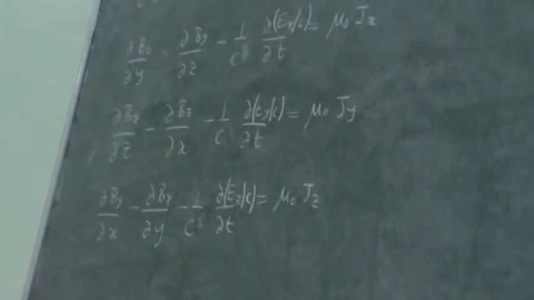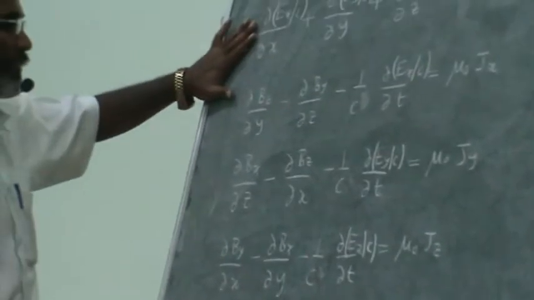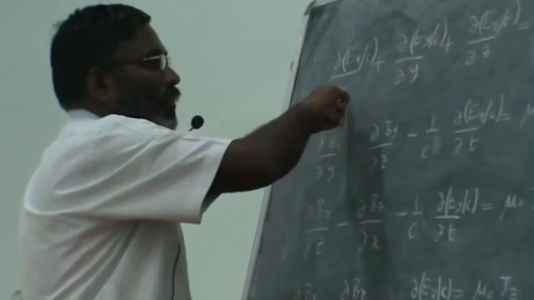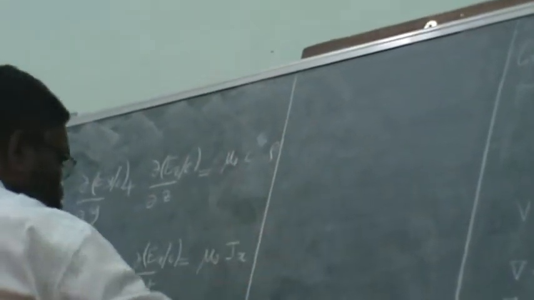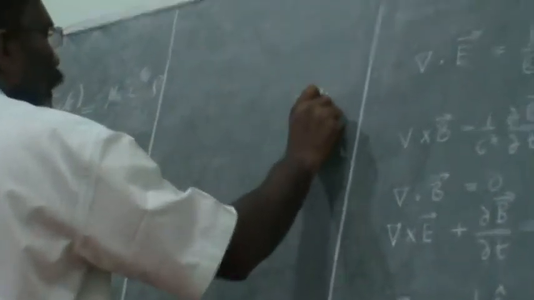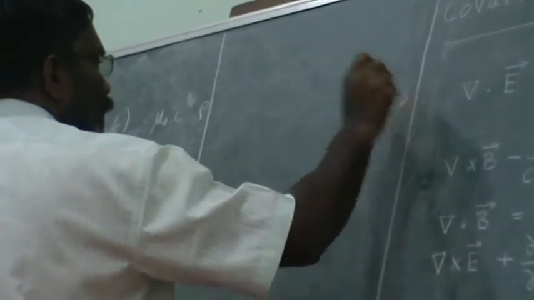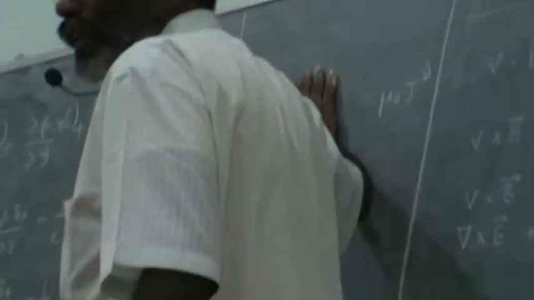Now what will be on the left hand side? On the left hand side, you have some components of this del mu. How do I write it? Right hand side is μ0 j mu, so the left hand side also should be a 4 vector.